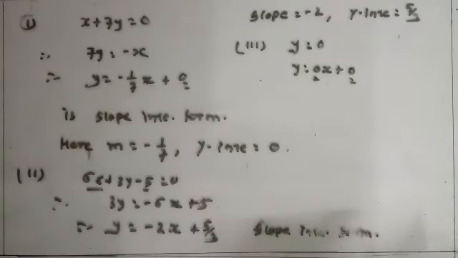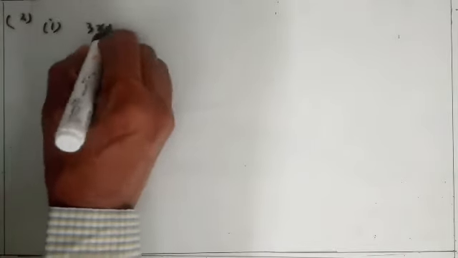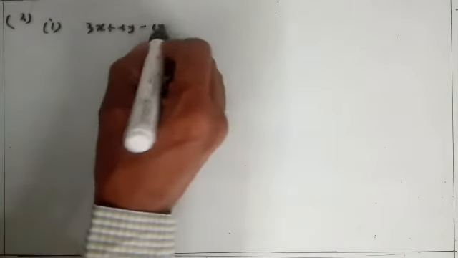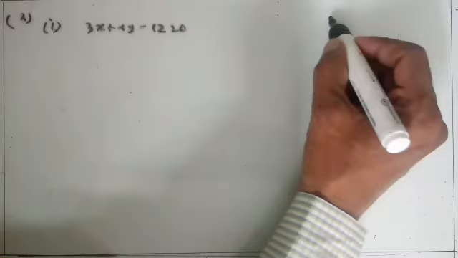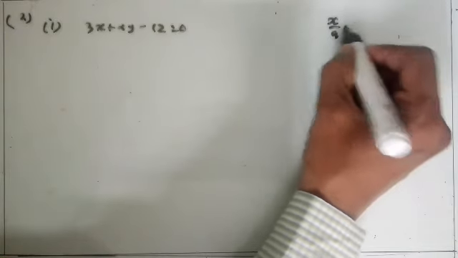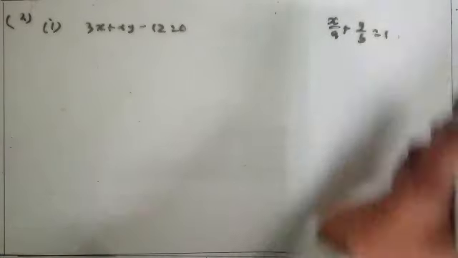Now question number 2. Reduce the following equation into intercept form and find the intercepts on the axes. Number 1: 3x plus 2y minus 12 is equal to 0. We know that the intercept form is x upon a plus y upon b is equal to 1.